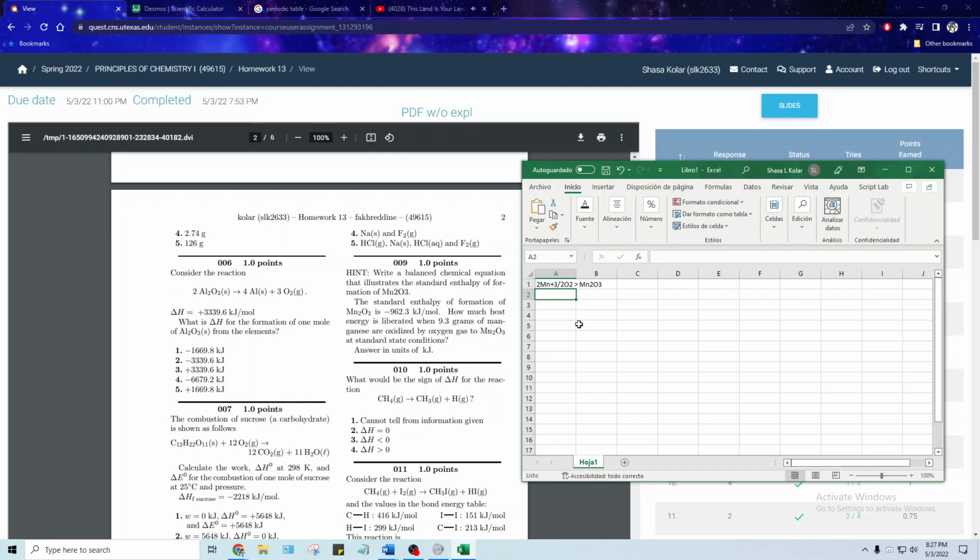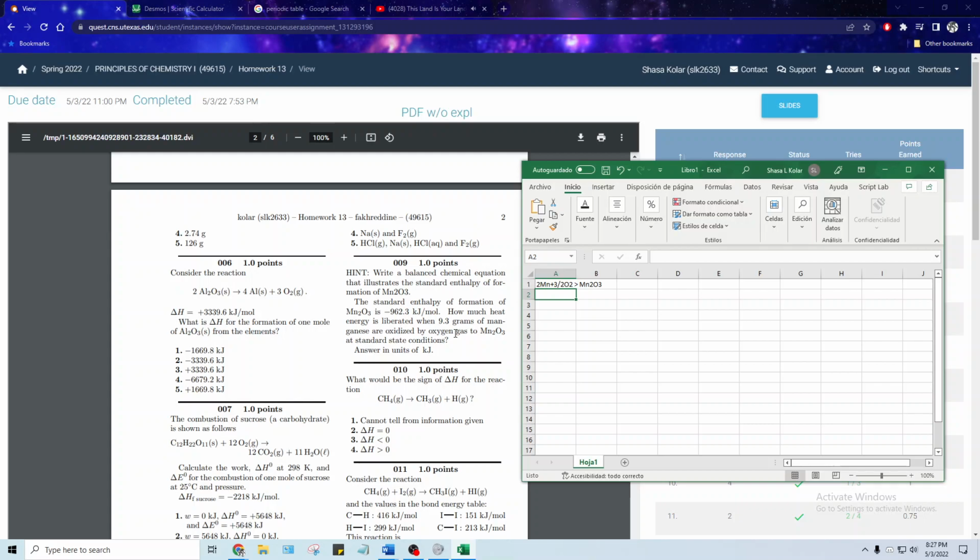Anyway, what we need to do is find out how many moles. It tells us how many grams of manganese are oxidized by oxygen gas. It doesn't say it's in excess, but it doesn't tell us how much, so we just assume it's in excess.